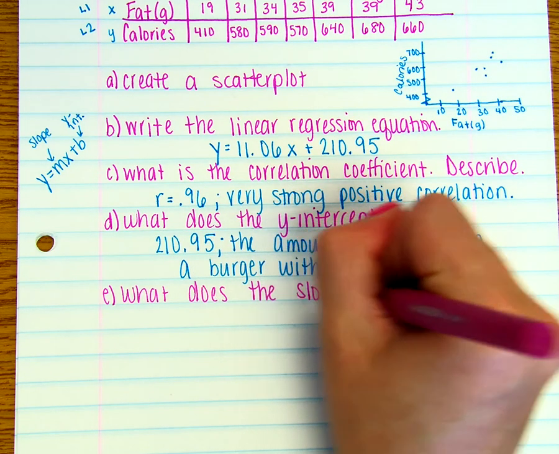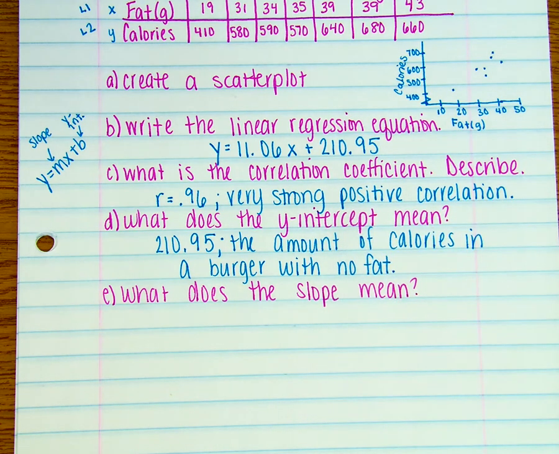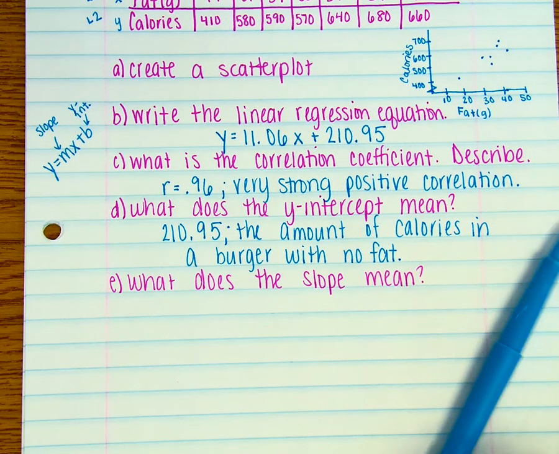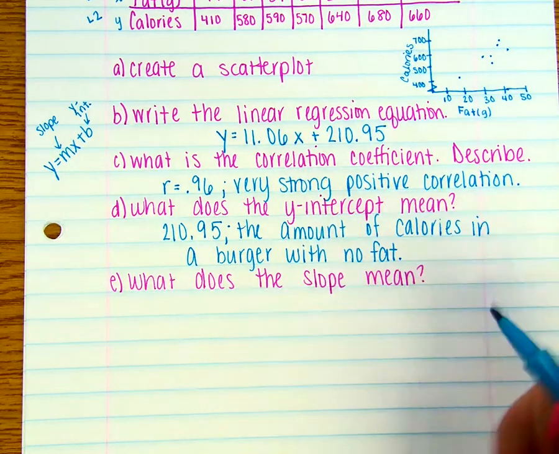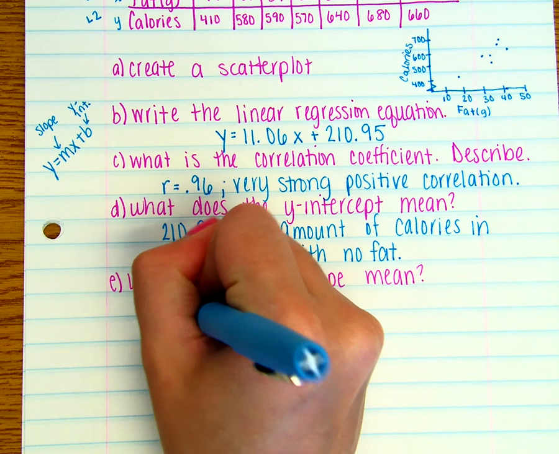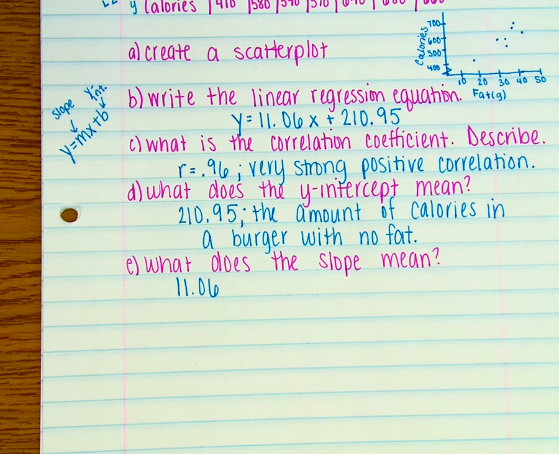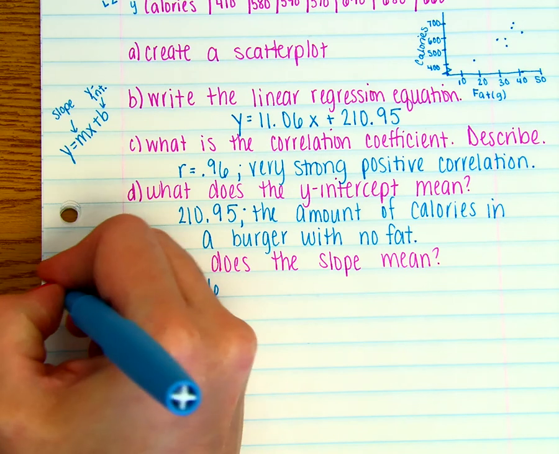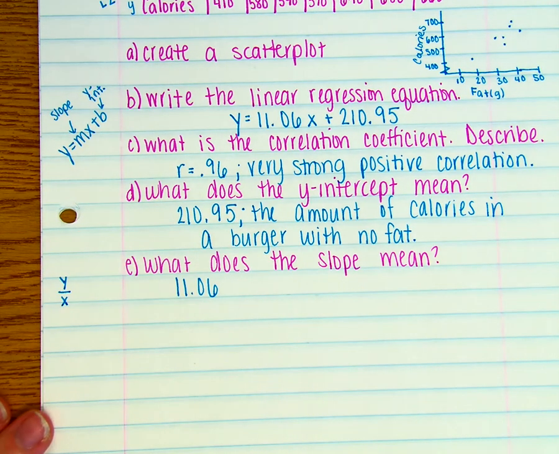So the next one says, what does the slope mean? Our slope value we've already identified as what comes in front of x. So our slope here is 11.06. Remember when we learned slope in the beginning of the year, or if you learned it in other classes, depending on what class you're watching this in, we know slope is rise over run, the change in y over change in x.